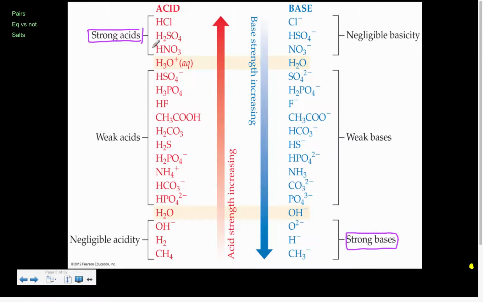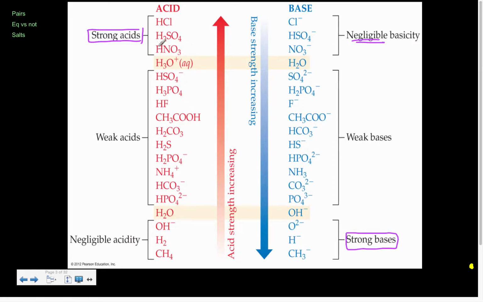Now, when something is a strong acid, we say that its conjugate base has negligible basicity, okay? Negligible basicity. If something is a strong acid, its conjugate base doesn't really act basic. If something is a strong base, its conjugate acid does not display any acidic tendencies.